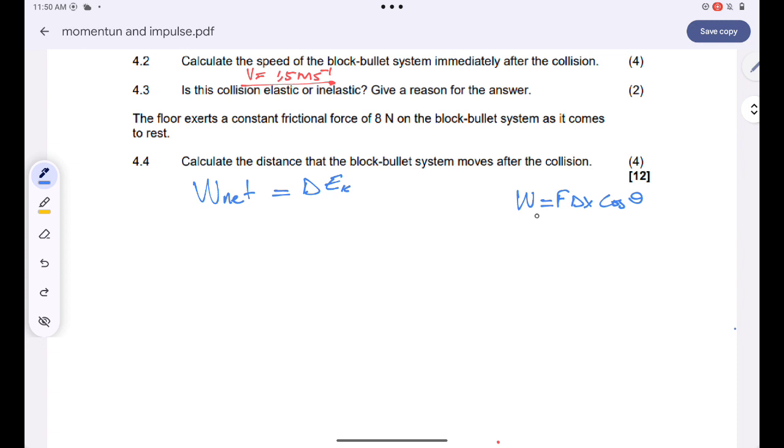If I want to find the work done by an applied force, I'm going to use the applied force. If I want to find the work done by gravity, I'm going to use the force of gravity. If I want the work done by friction, I'm going to use the frictional force.